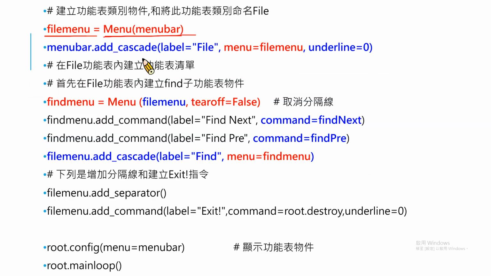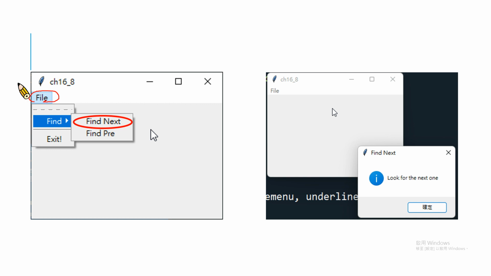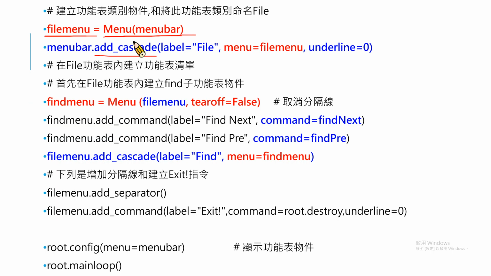Then we set the cascade. Because there's a file menu here, we set this to be a cascade. So we see here, the label is file, and we set it to be a cascade.